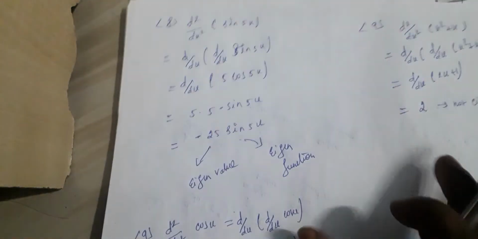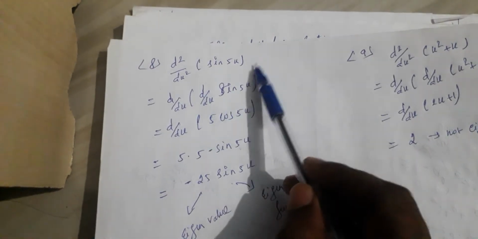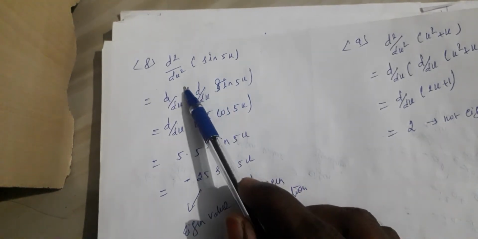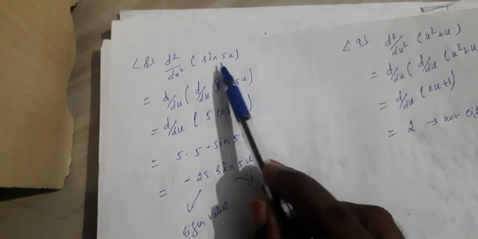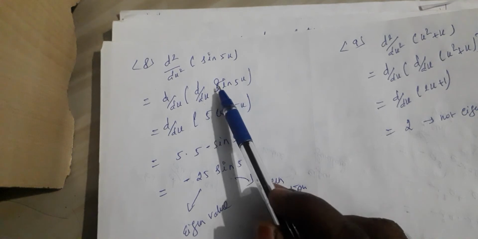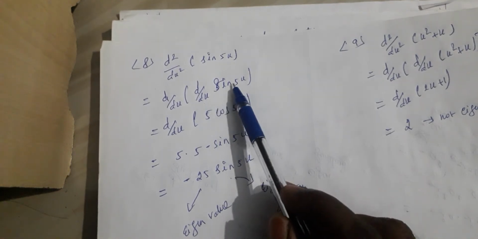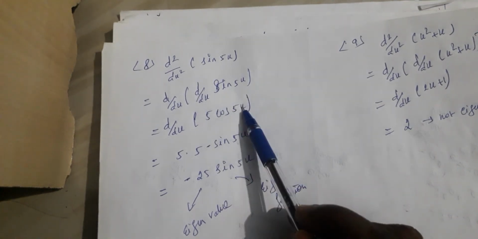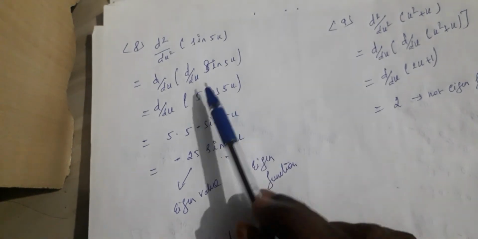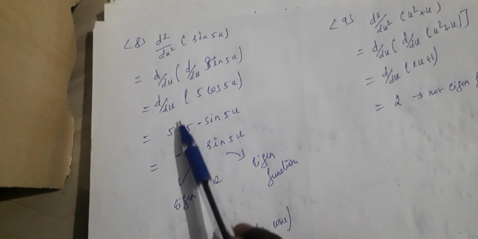So last example, d square divided by dx square sin 5x. So friends, here also two times we need to differentiate. So d by dx into d by dx we can split, and then the remaining sin 5x. First we will differentiate sin 5x. If you differentiate sin 5x, we will get 5 cos 5x. So this is the first product. Again we need to differentiate d by dx. Already we have a 5.